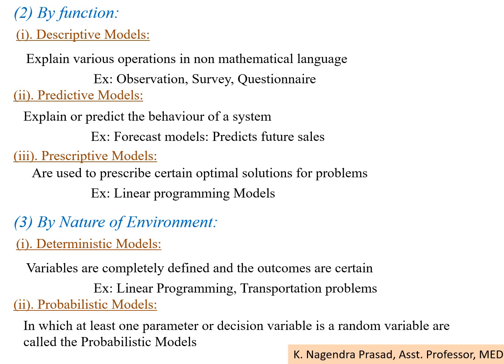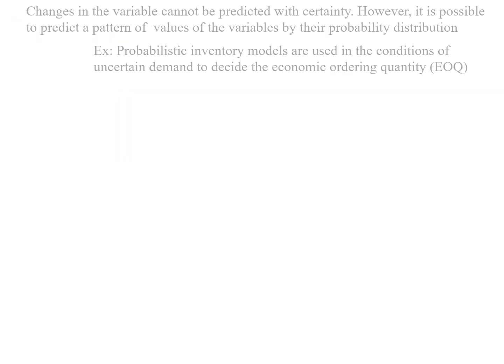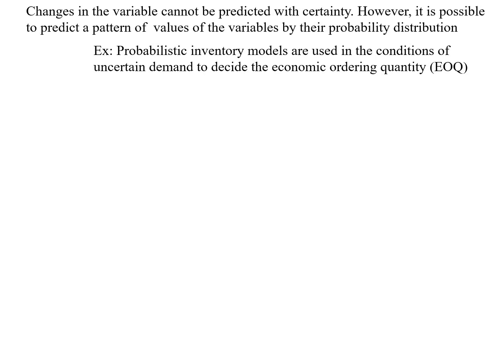Probabilistic models are those in which at least one parameter or decision variable is a random variable. In the probabilistic models, changes in the variable cannot be predicted with certainty.